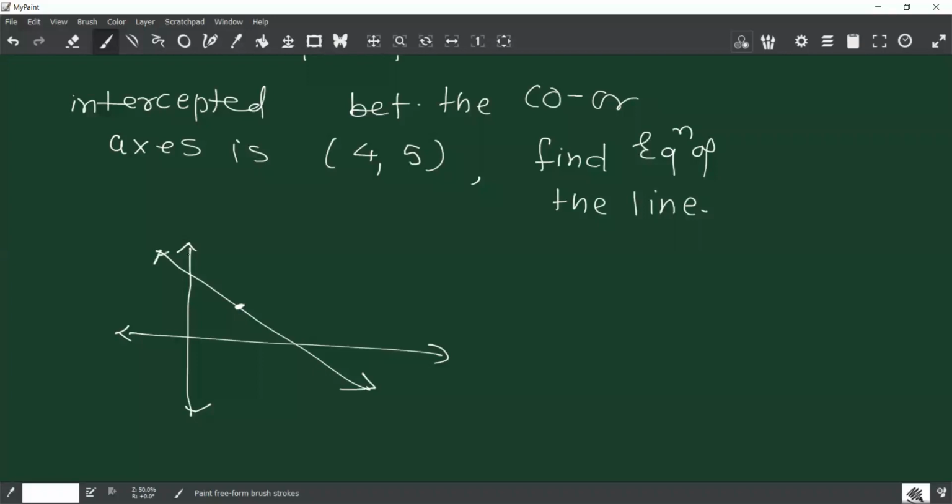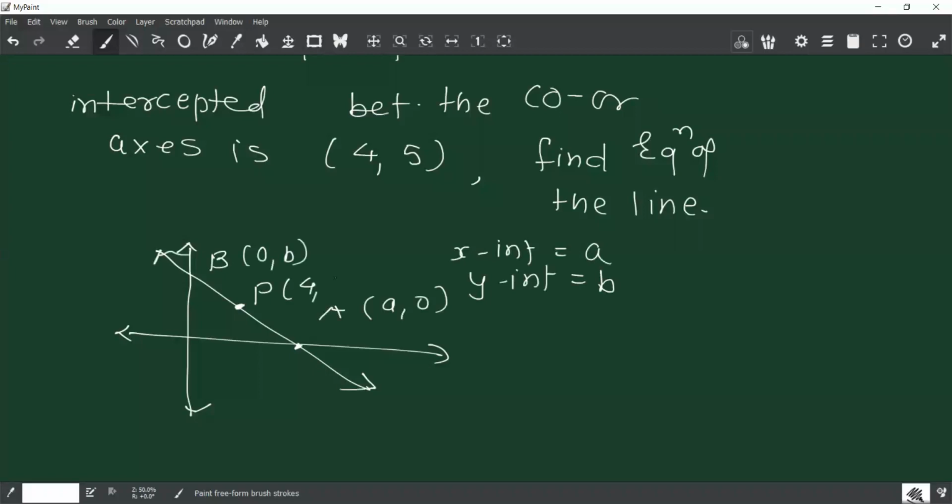That's the right answer. You will say let x-intercept be A, y-intercept be B. So your point A will be (A, 0). Your point B will be (0, B). Your point P, which is (4, 5), is the midpoint of AB.